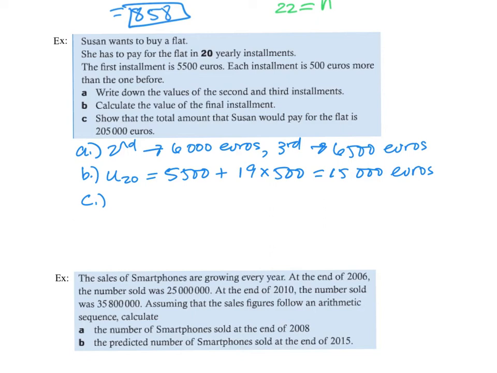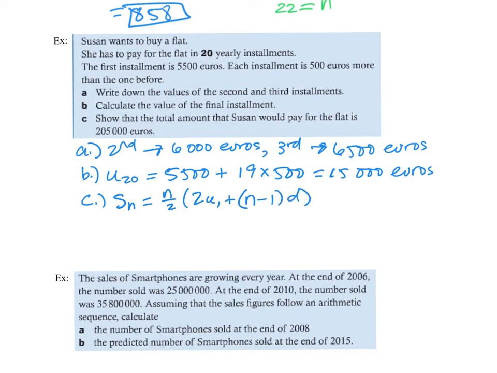Since we know the first term and the common difference, let's use that second formula that says S sub n, the sum of the first n terms, is equal to n divided by 2 times the first term plus n minus 1, number of terms minus 1, times the common difference.